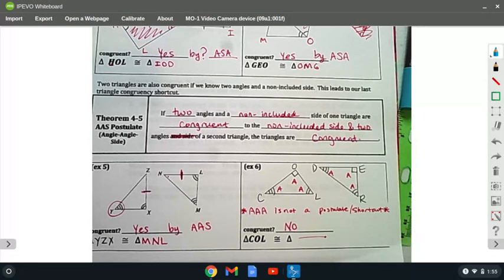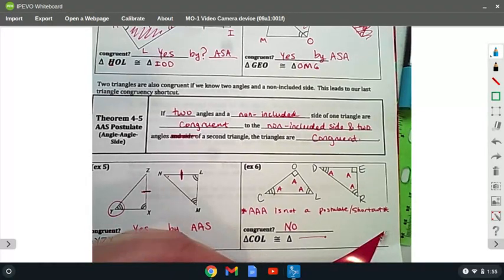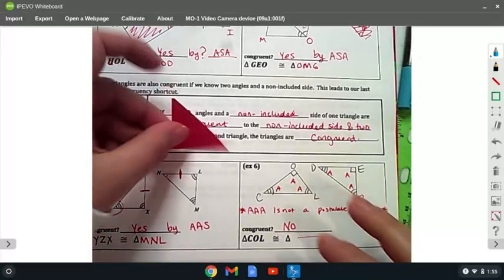We can't prove that things are congruent by angle, angle, angle because I could make a triangle. Let's see. I'm going to use my zoom in feature here. I'm going to cut a piece of vinyl I have from my crafts into a triangle. Okay.